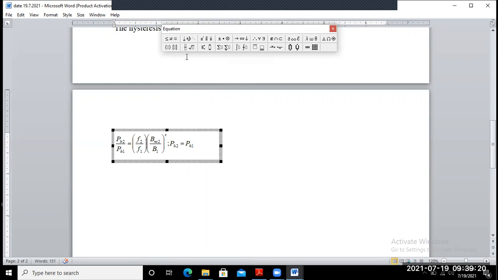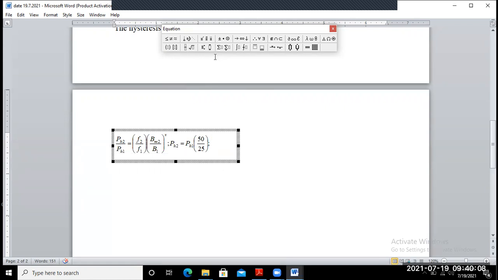F2 is here how much? 50 hertz. Okay. And F1 is here 25 hertz. So Ph2 equal to 2 times of Ph1.